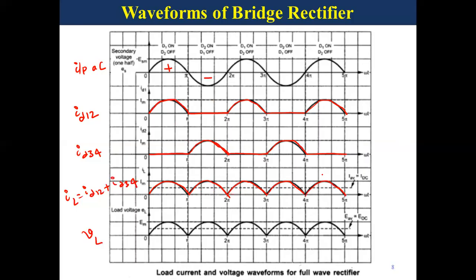That is because of the arrangement of the load. The current direction in the load for positive and negative half cycles is the same. Then load voltage VL equals IL times RL. As RL is constant, VL is proportional to IL. So VL also has all positive half cycles.